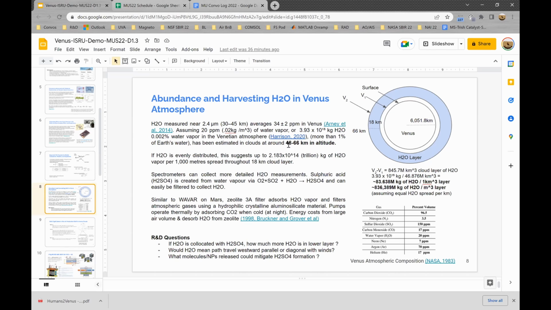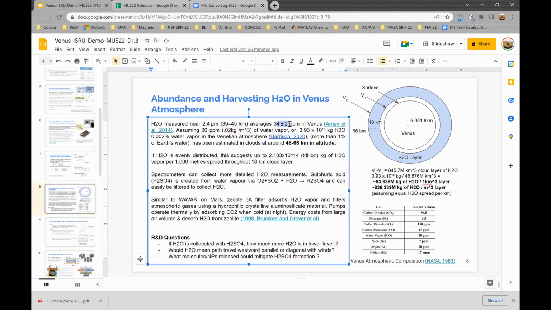They measured around 34 parts per million in Venus from the study in 2014, and then a lot of other data suggests, but this was lower, around 30 to 45 kilometers, a lot of data also suggests around 20 parts per million of water, which corresponds to 3.93 times 10 to the 15th kilograms of water, which is 0.002% of water vapor in the Venusian atmosphere, primarily located mostly within the cloud layer here, 48 to 66 kilometers in altitude.